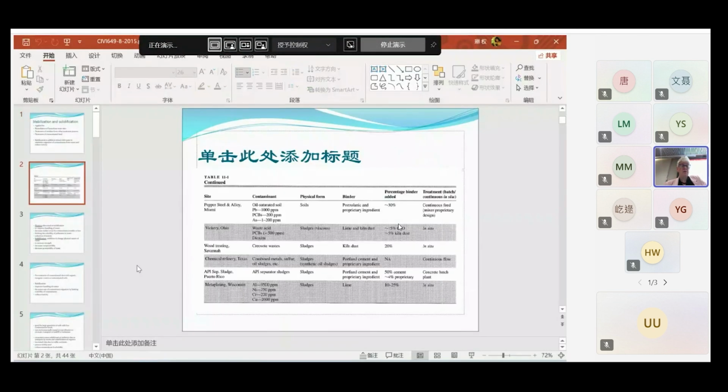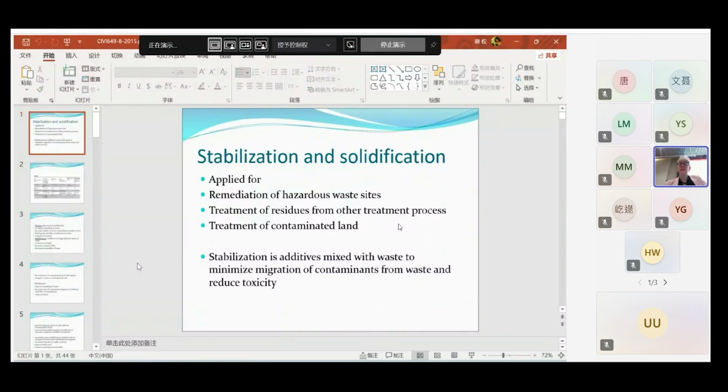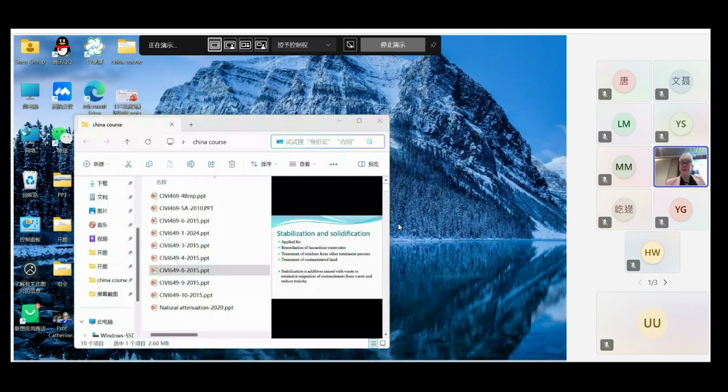This one is only 44 slides here, so I could do this one quickly. So I can do half of this one, maybe. And then we'll finish. Yeah, I could do that.